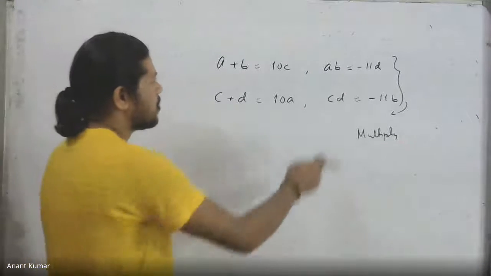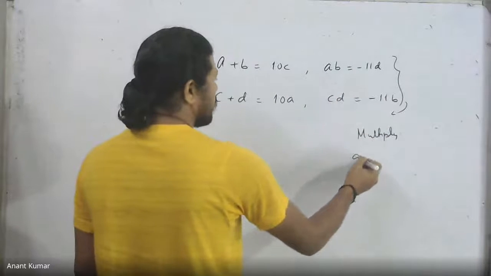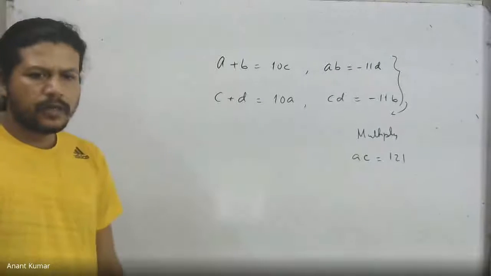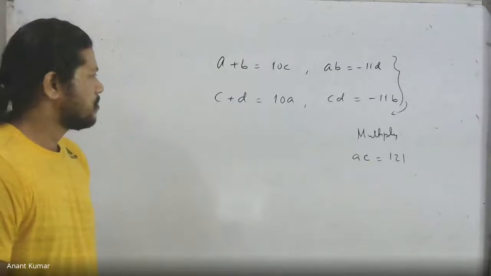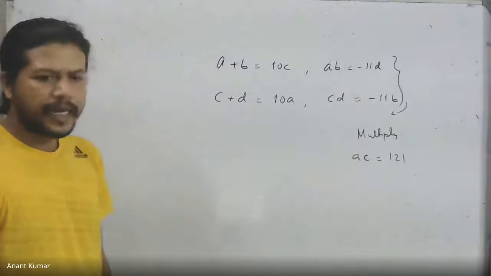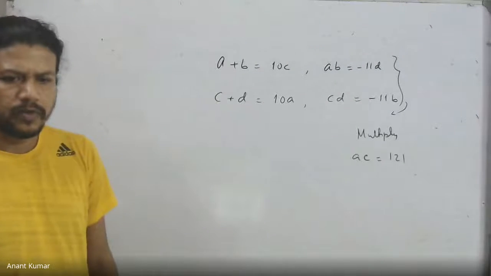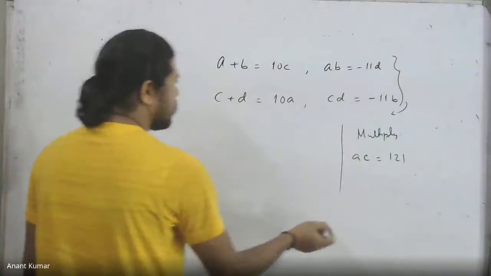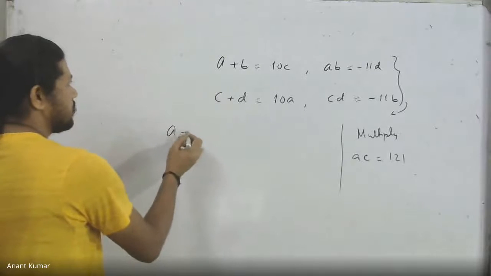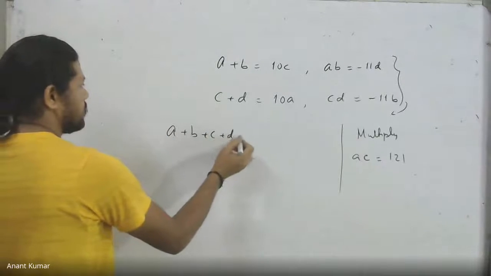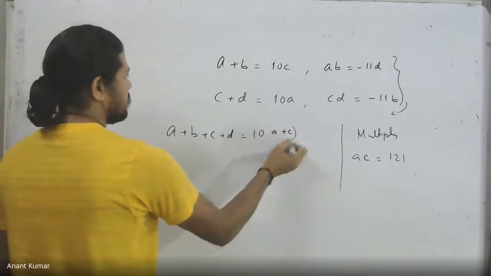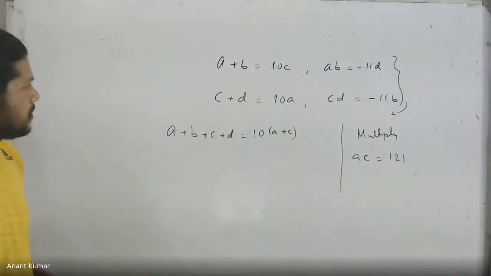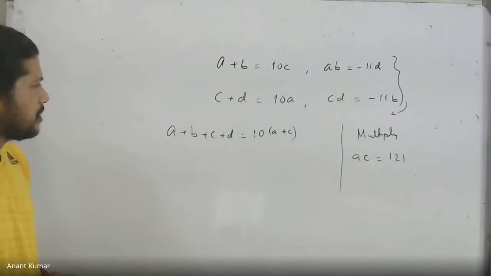So we can just cancel out BD to end up getting A into C equal to 120. But the question asked actually A plus B plus C plus D, not A plus B into C plus D. I should have made a mistake over there. I get from here 10 times A plus C.